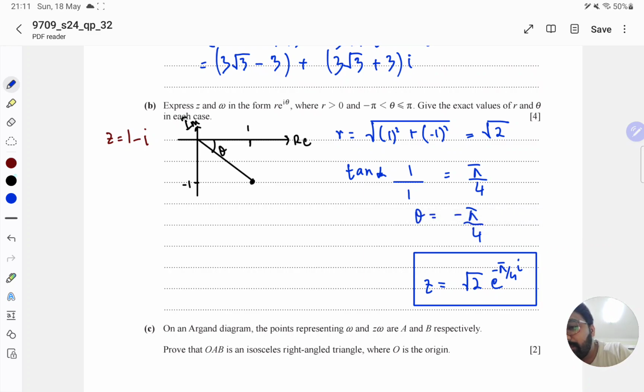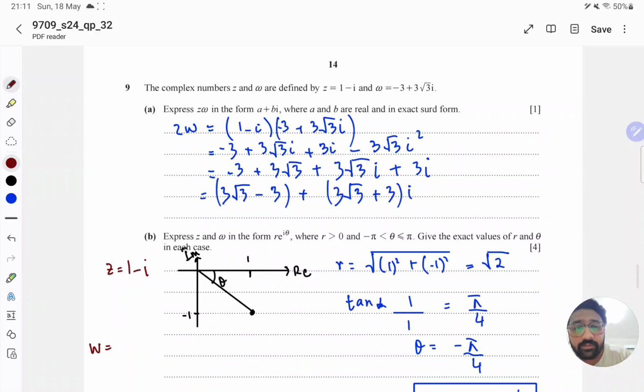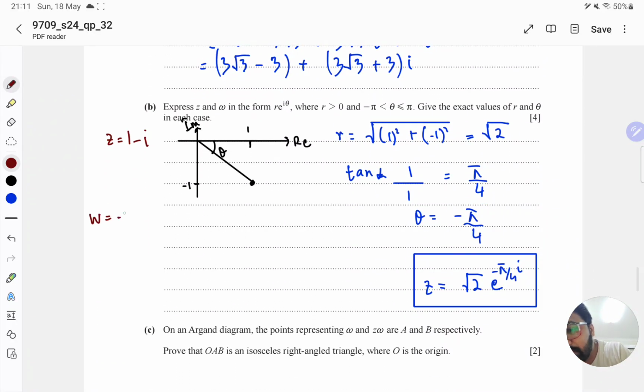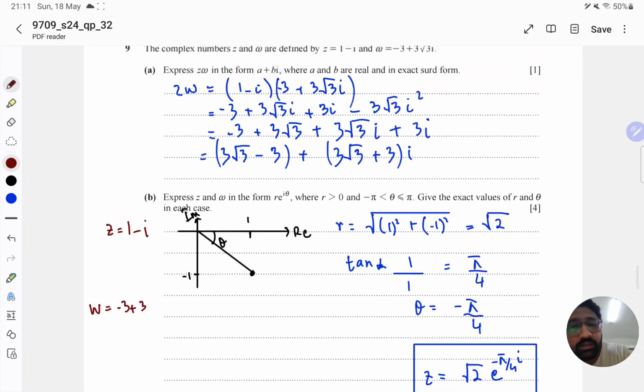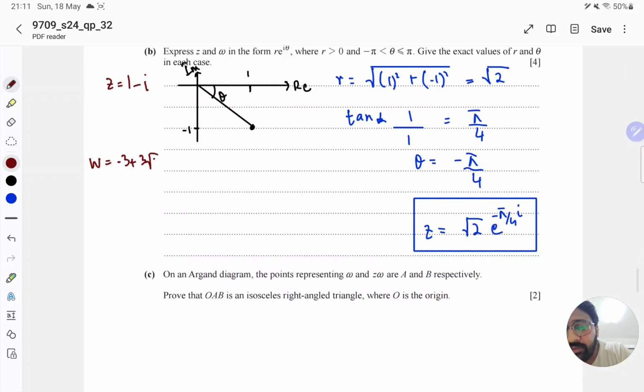Now let's do that for w as well. w is minus 3 plus 3 square root of 3 i. So if I make the axis for this, let me make it smaller, it's going to lie somewhere here, imaginary part and the real part.